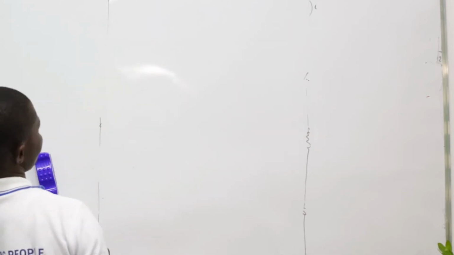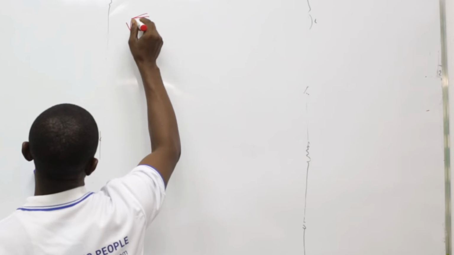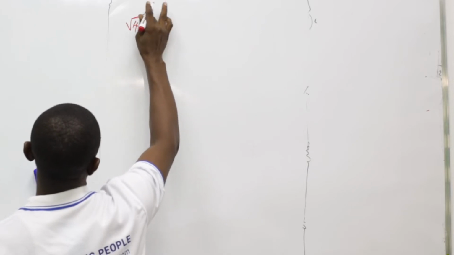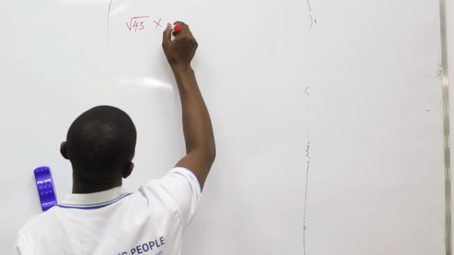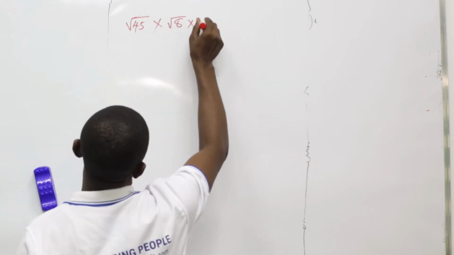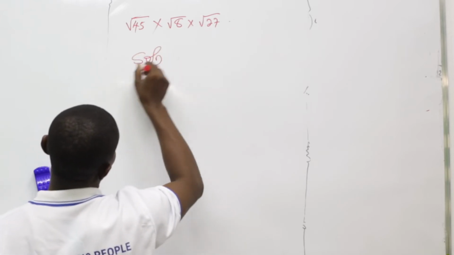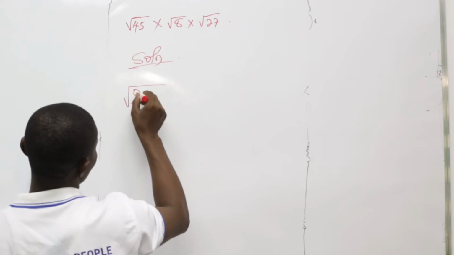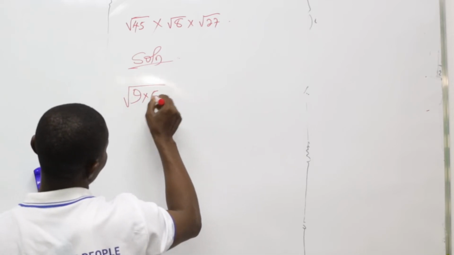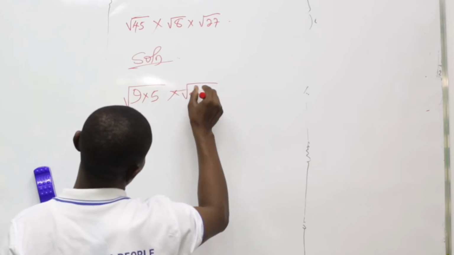Okay, the next question here is root 45 multiplied by root 8 multiplied by root 27. Root 45, to figure out perfect square, is 9 times 5. Root 8 is 4 times 2.